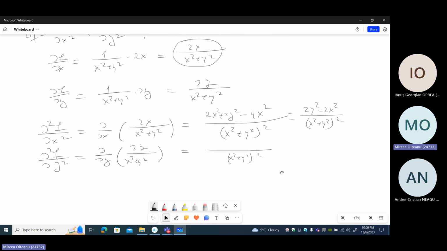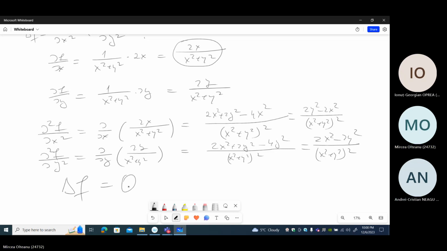Because of the symmetry, it is expected what we get, but let's compute it however. We get 2x squared minus 2y squared over (x squared plus y squared) squared. And now, what's the Laplacian? It will be 0. The Laplacian is 0.